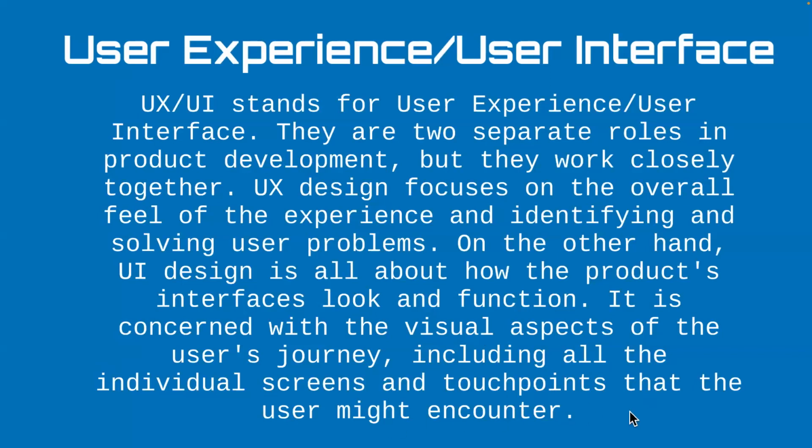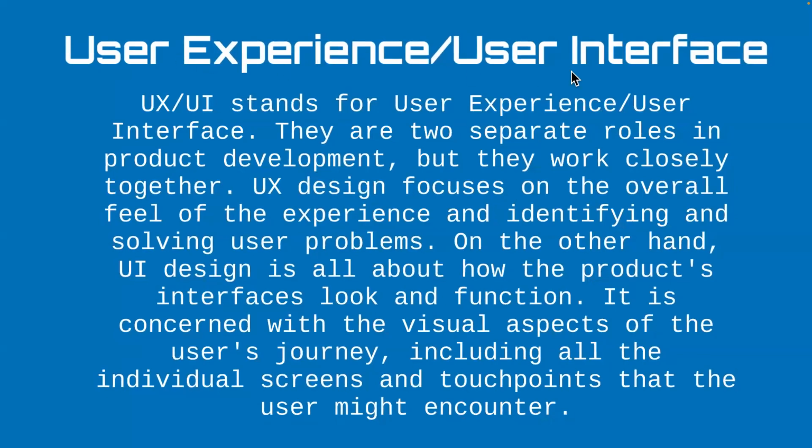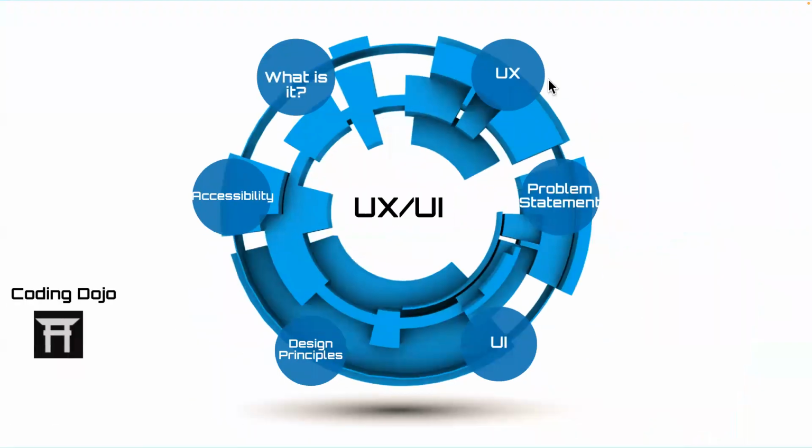So that's user interface. The look and feel of the website. User experience focuses on identifying problems and solving those user problems so that the experience is nice and easy through the flow of the page. Okay, so that's what UX and UI are all about.